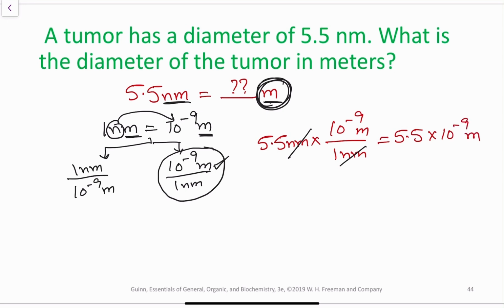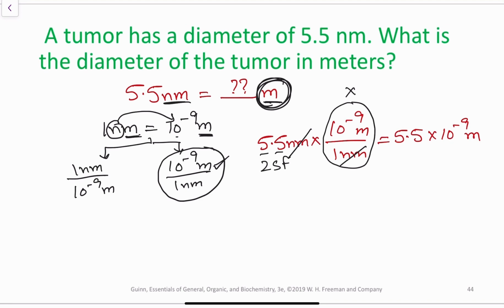Right. And how many significant numbers do we need in our final answer? Because this is two figures, right? 1, 2. And remember this thing, whenever you're making an equivalency, you are not required to see the significant numbers in a conversion factor. You always see the significant numbers from the given number, right?